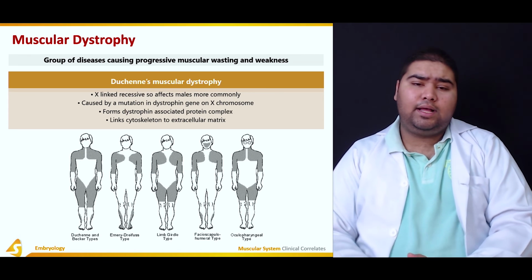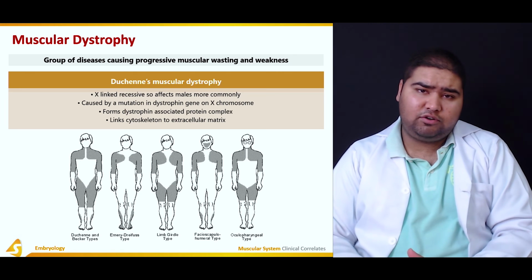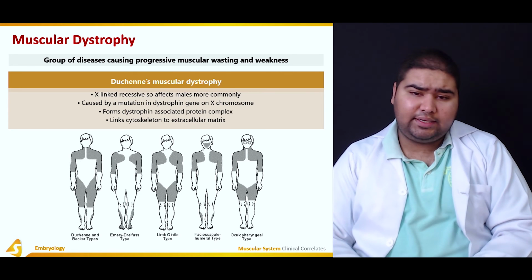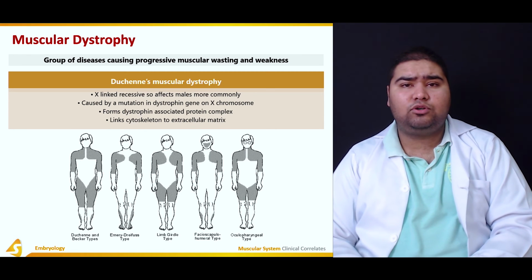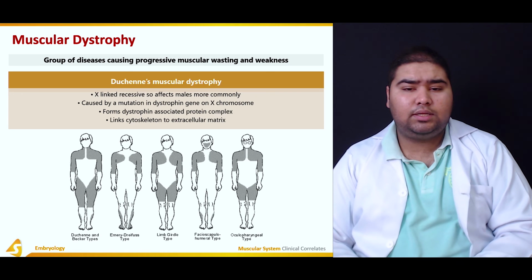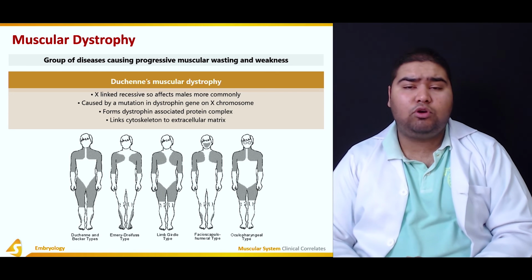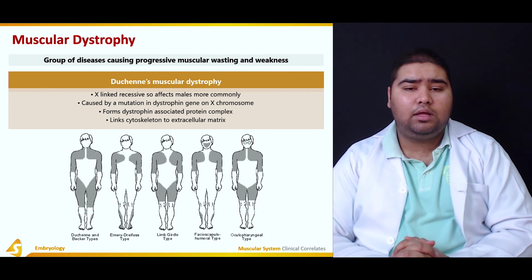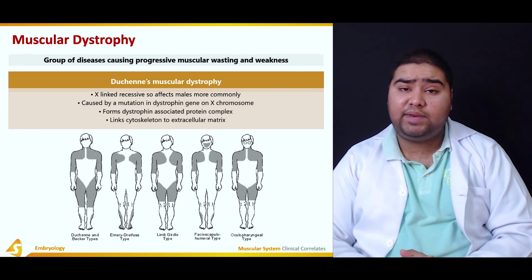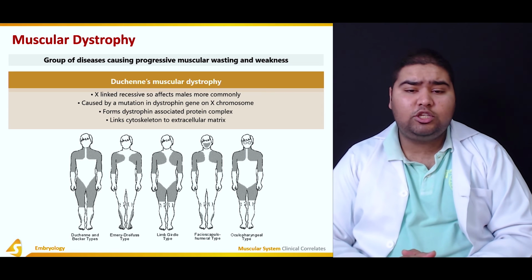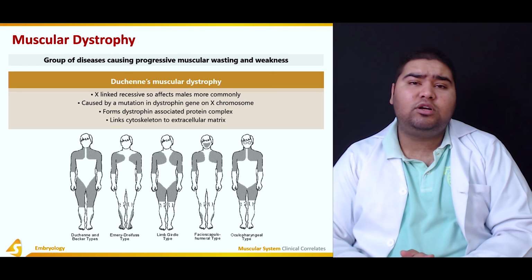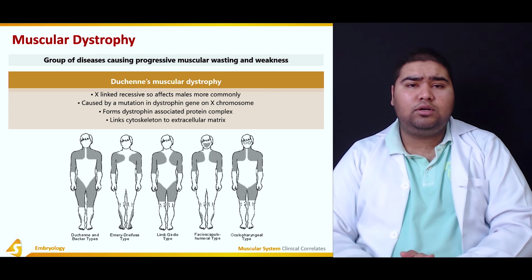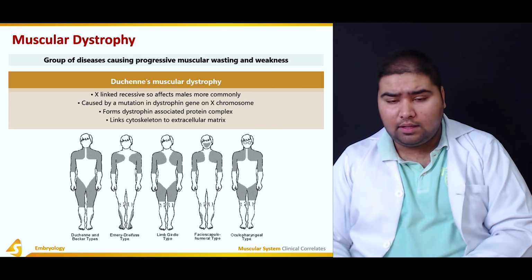We talked about Duchenne's muscular dystrophy in particular, which was caused by a mutation in the dystrophin gene, which lies on the X chromosome, as a result of which functional dystrophin associated protein complexes could not be formed, the function of which was to link the cytoskeletal elements to the extracellular matrix, and hence the cells could not act in unison and the body could not do certain activities.